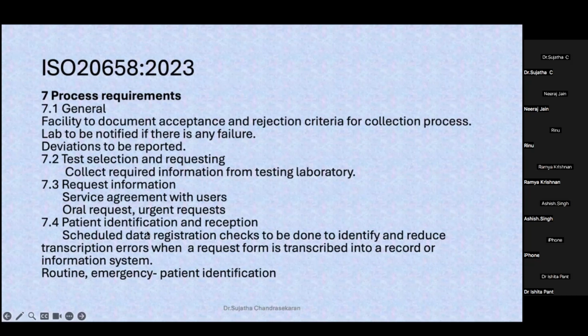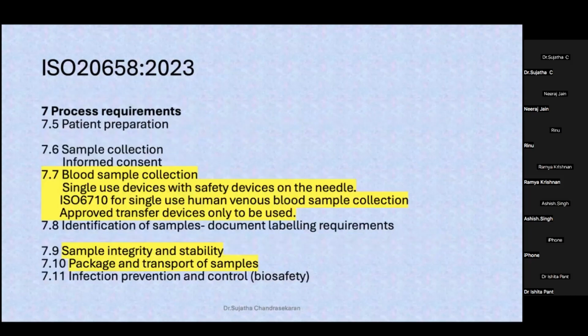Then patient identification and reception scheduling. Auditing has to be done. Internal audit to check if there are identification errors at the reception periodically, to see there are no transcription errors that are possible, and whether, if possible, they have been effectively blocked. And what are the policies for routine and emergency identification? These are not big issues, generally done.